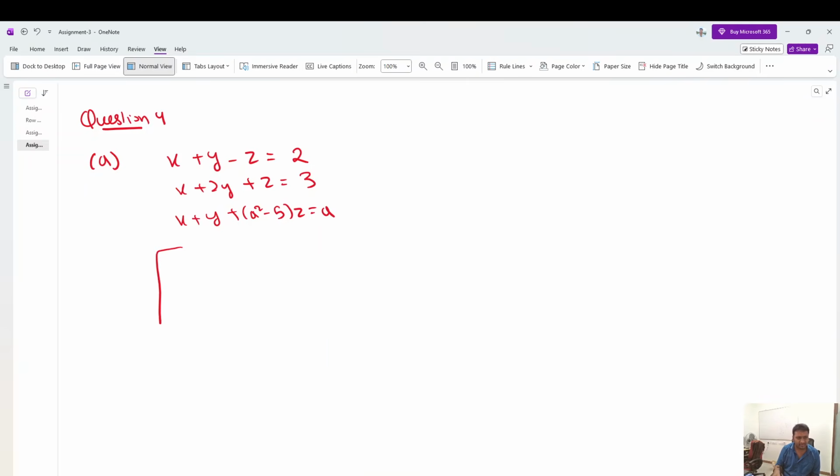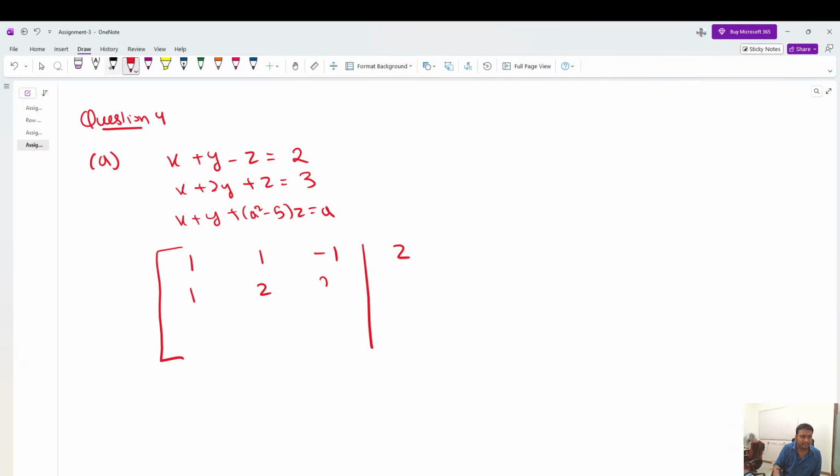First of all, make its matrix. 1, 1, minus 1, 2, 1, 2, this is 1. Sorry, my z it looks like 2. I will make z other way in the another problem. And this is 1, 1, a square minus 5, a.